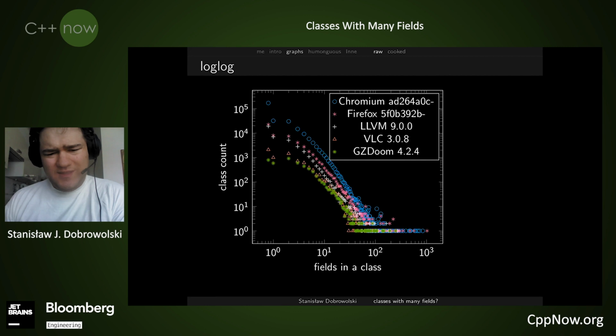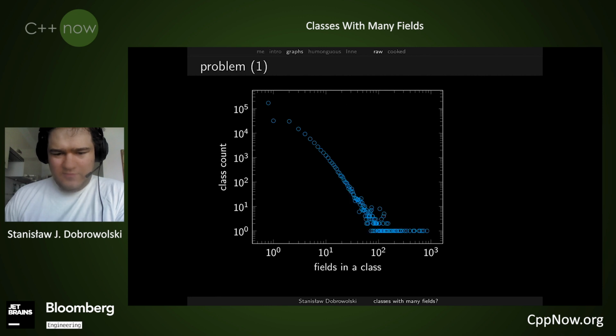This is still a bit messy, though you can see how the line goes. That's because of a problem with this chart: when you have many fields, you distinguish between a class that has 101 fields and 99 fields, which are really similar overall. And the results look like they look.